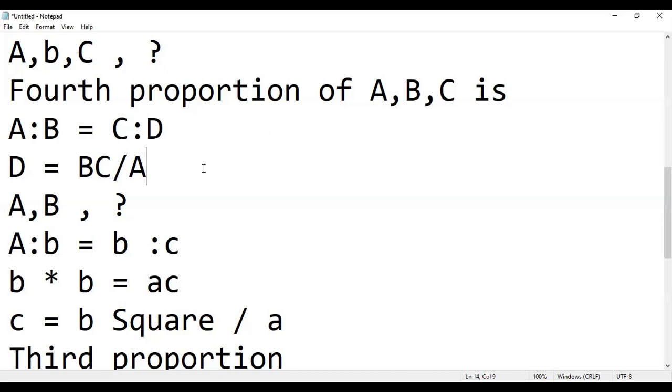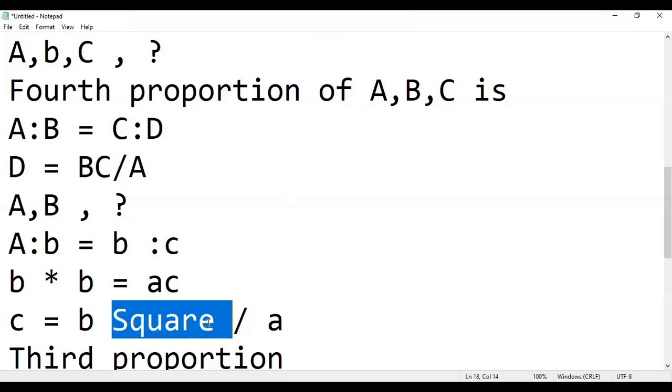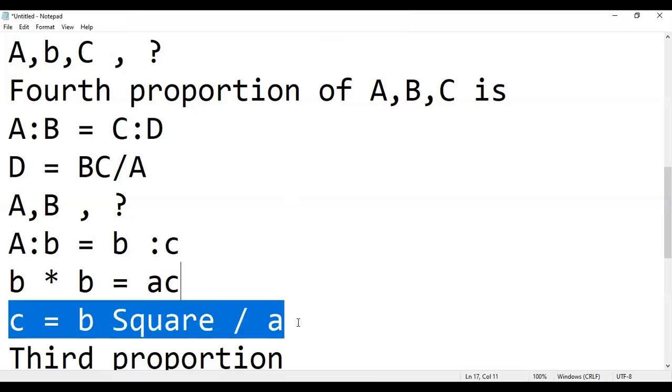Second point, the third proportion of A comma B is C, which is equal to B square by A. That is the third proportion.